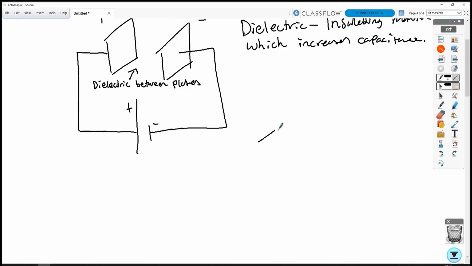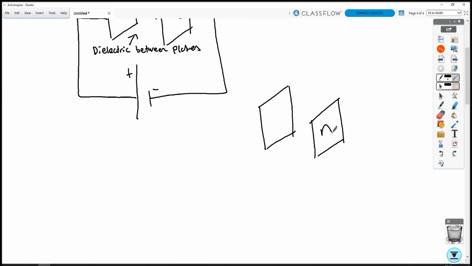So if we draw our parallel plates again in 2 dimensions, we've got the surface area of these capacitors, which is this area here.